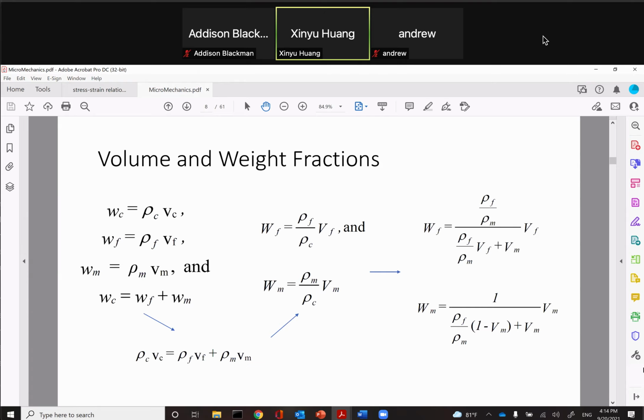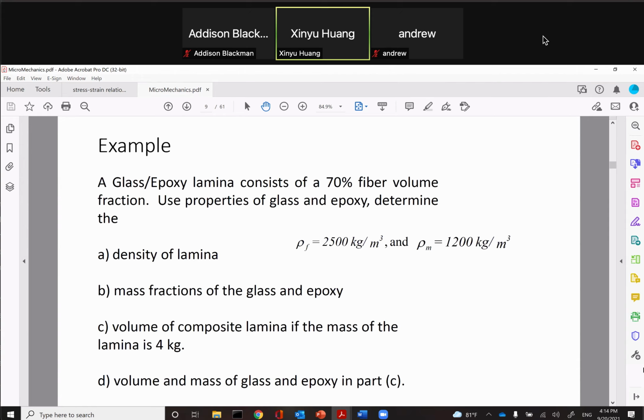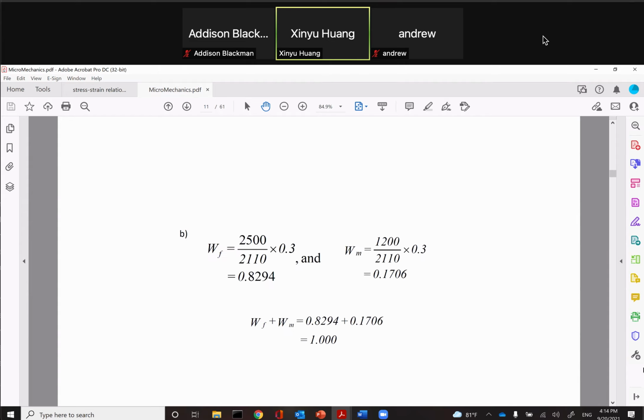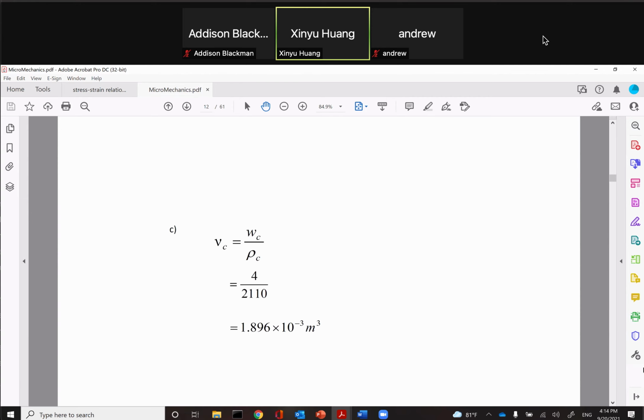All right. Let's skip these. These are pretty simple; we don't need to waste time on this. You can just do the calculation, using density to go from weight fraction to volume fraction, things like that.